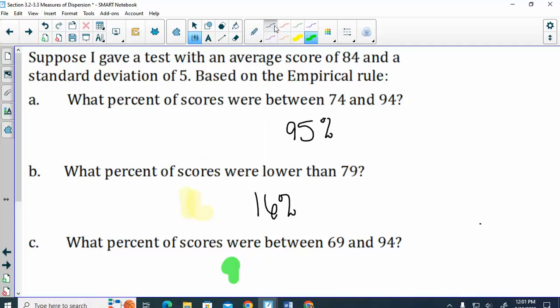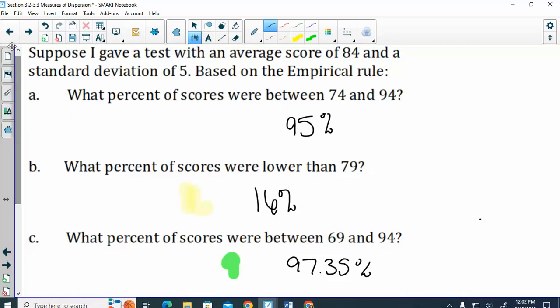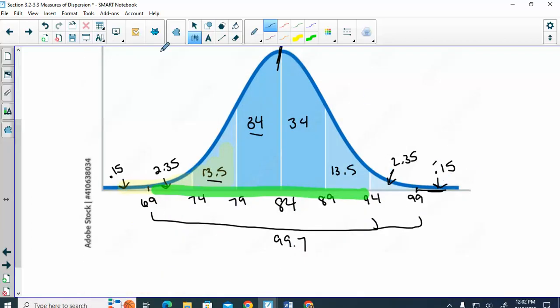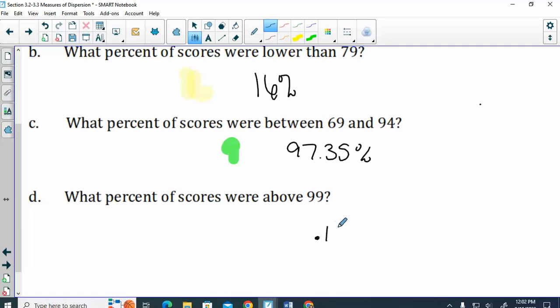Keep forgetting to change my highlighter. Alright, final one. What percent were above 99? So here's 99, so above that would be 0.15%.